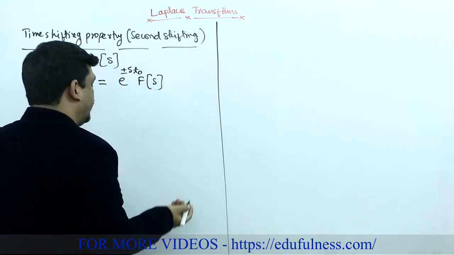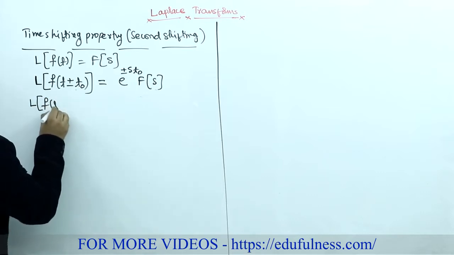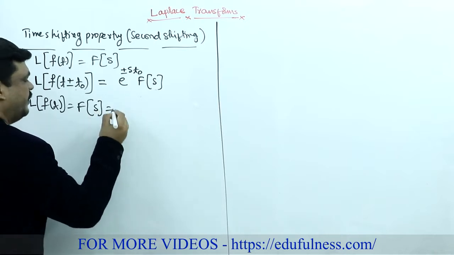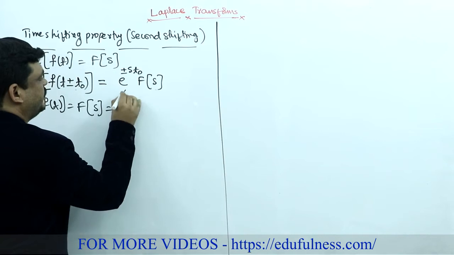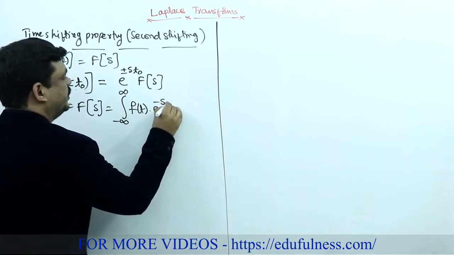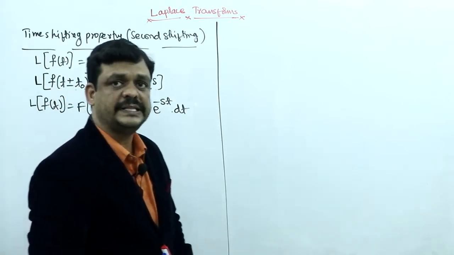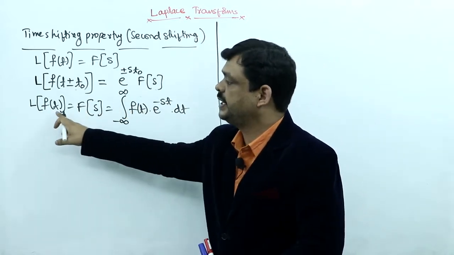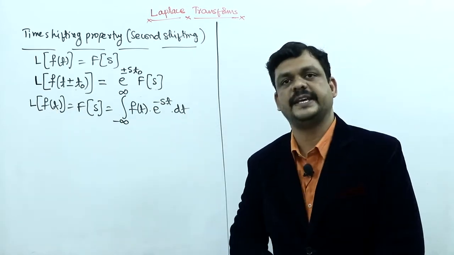So first of all, I am writing the Laplace transform basic formula here. Laplace transform of f of t is F of s. The F of s equation is an integration from minus infinity to plus infinity of the given function f of t into e to the power of minus st dt.